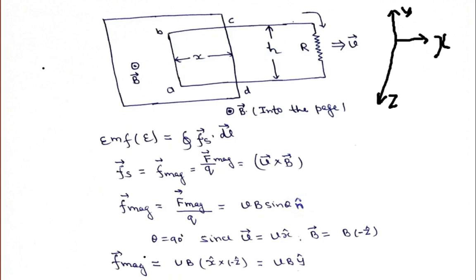So F magnetic is equal to vB times x unit vector cross minus z unit vector. The x unit vector cross minus z unit vector gives the plus y unit vector, so F magnetic is vB in the plus y direction. That means the force will be along the positive y direction.